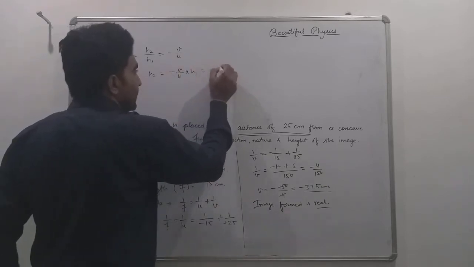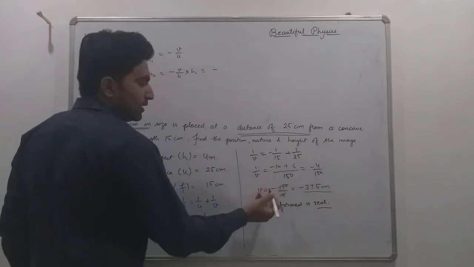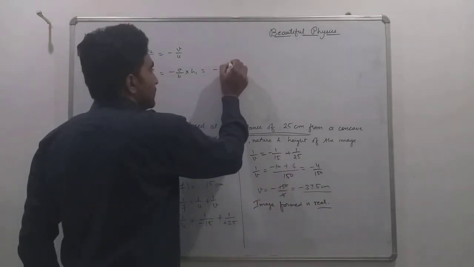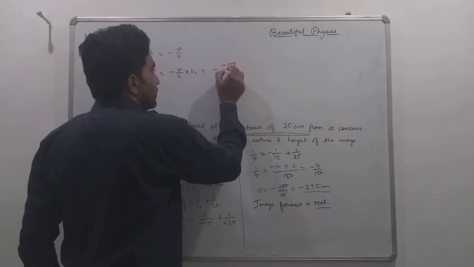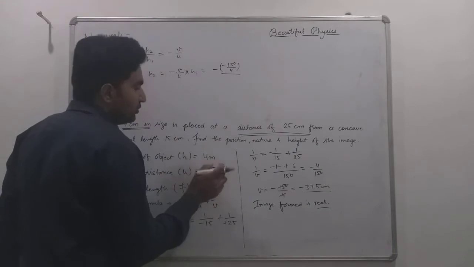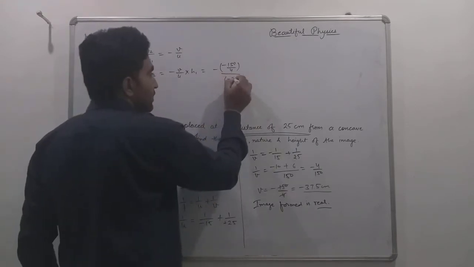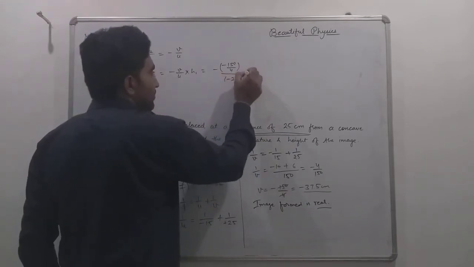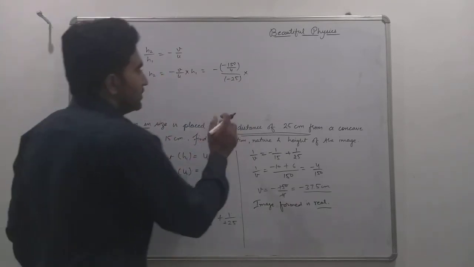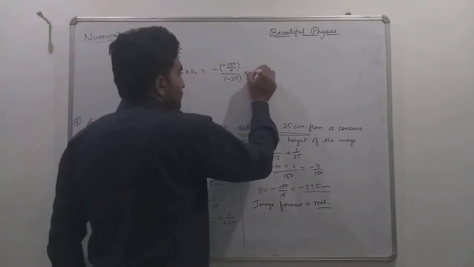Let's put the values. In place of v we can put minus 150 divided by 4, and in place of u we can put minus 25, and in place of h1 will be 4 centimeter. h1 is 4 centimeter.